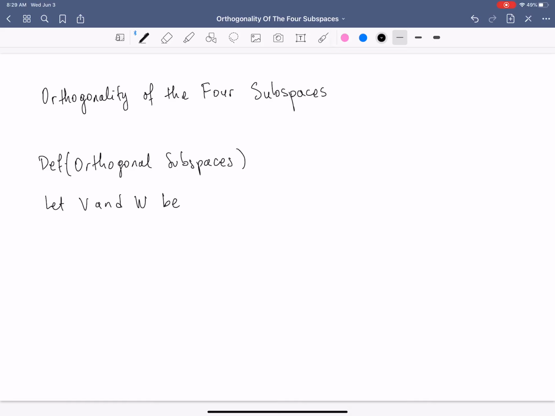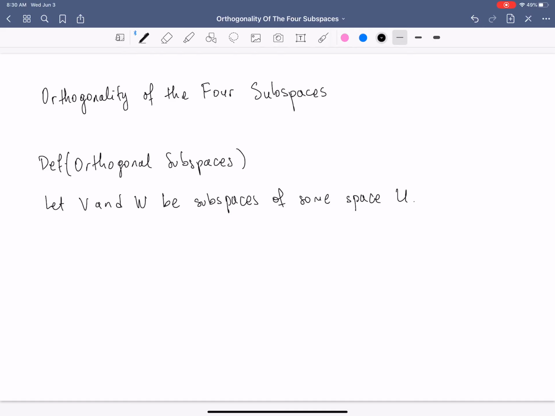So let V and W be subspaces of some space U. And here by space I mean a vector space and vector subspaces. Those are the only kind of spaces we'll be talking about in this class. So we have U, and now we have V and W, which are subspaces of some vector space U.